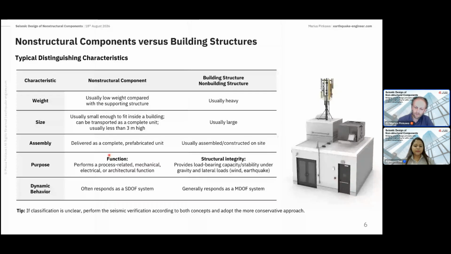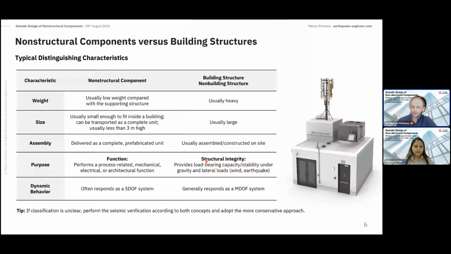So it's usually an architectural, mechanical, or electrical function. Compared to this, the single purpose of the building structure, from a structural engineering point of view, is to provide structural integrity. So the gravity load bearing system or the lateral force resisting system. So this is the main function of the building structure. Regarding the dynamic behavior, because a component is rather a small size unit, it often behaves like a single degree of freedom system, whereas the response of a building is more complex and it behaves like a multi-degree of freedom system.